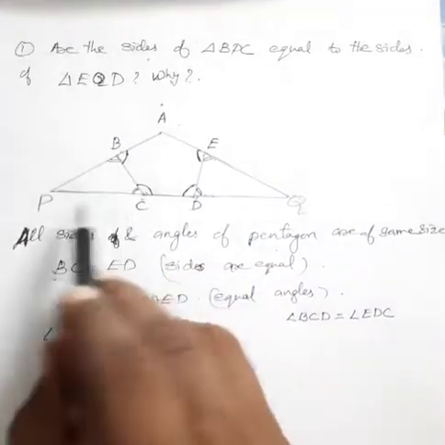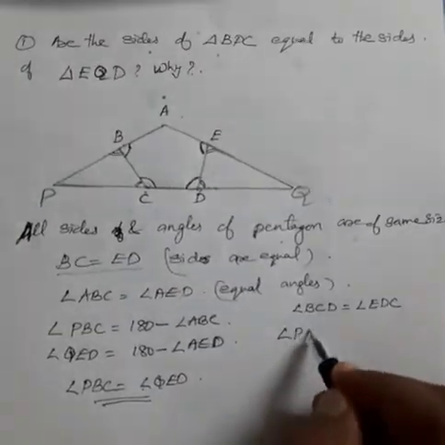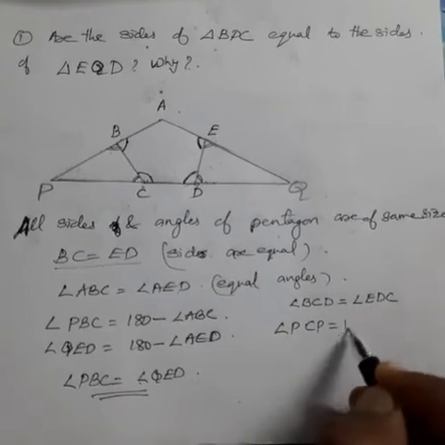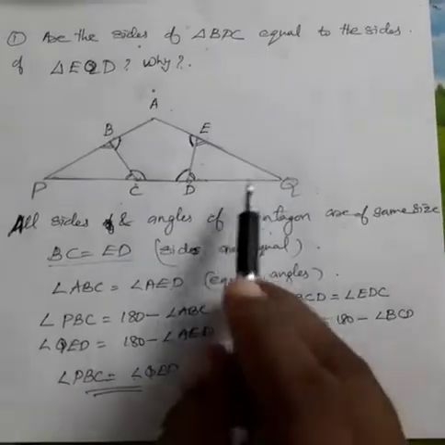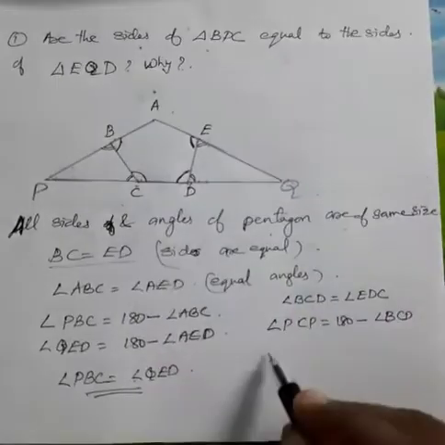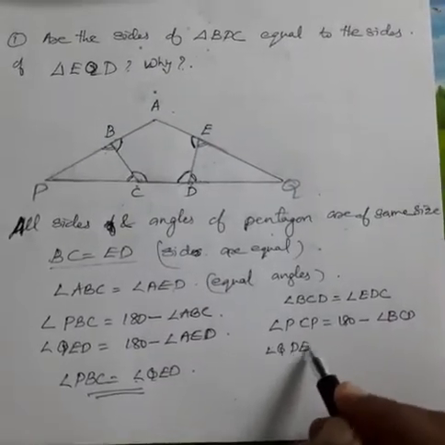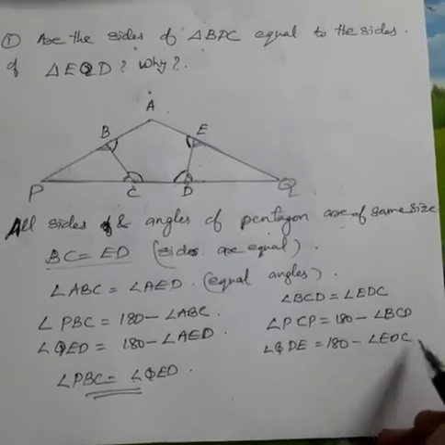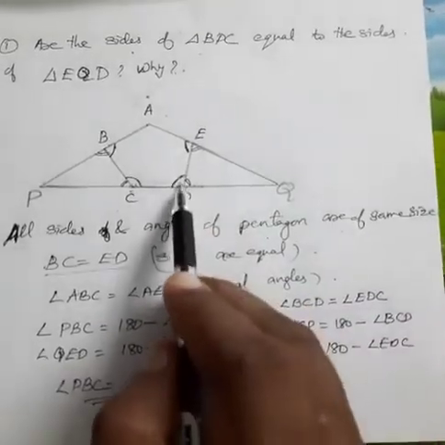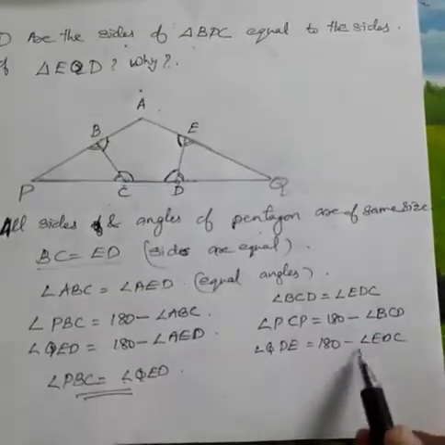So angle BCP is equal to 180 minus angle BCD. Then angle QDE is equal to 180 minus angle EDC. So the linear pairs you have to find out like this.